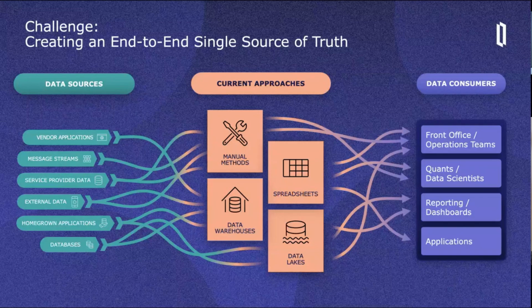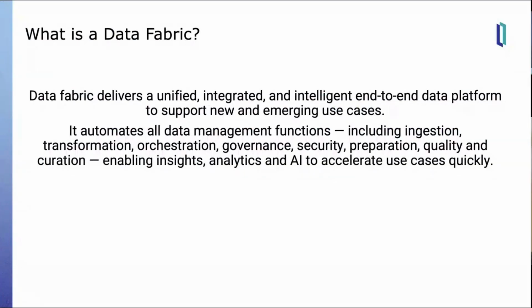So essentially, if you look at it, it requires what is called, if I were to call it, a modern data management approach, which Gartner gives a term to as a data fabric, which essentially means that every organization, this is what the organization is trying to deliver: a unified, integrated, intelligent, end-to-end data platform to solve all their use cases.